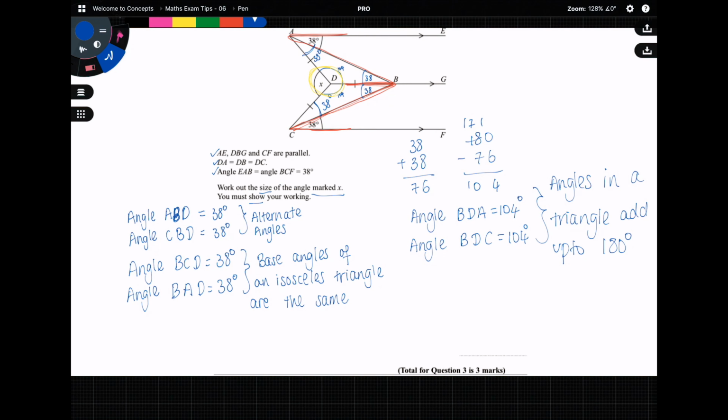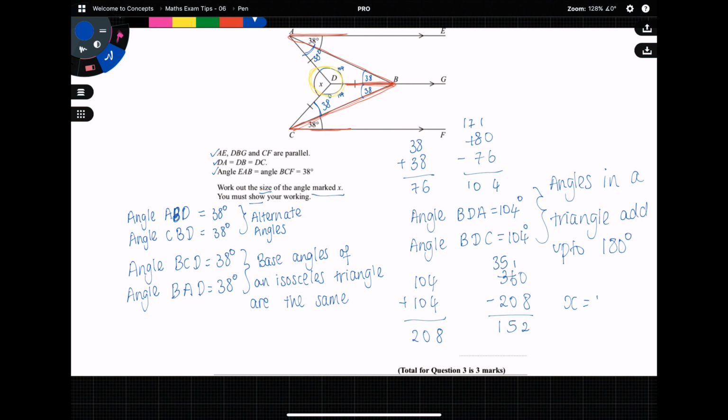So to work out angle x, we need to do 104 add 104, which is 208. 360 take away 208, it's 152.